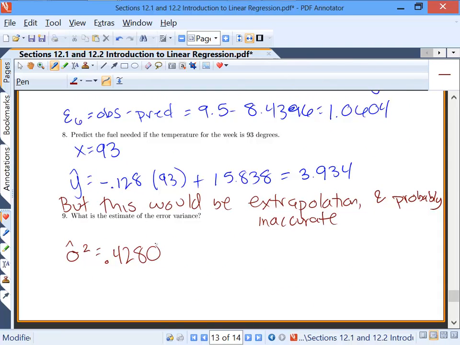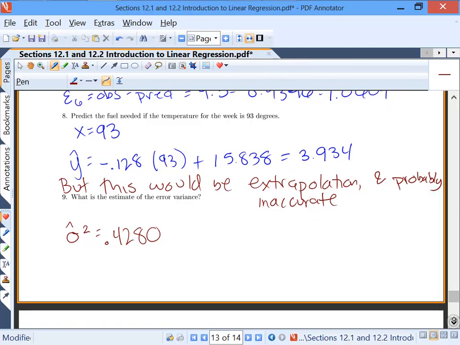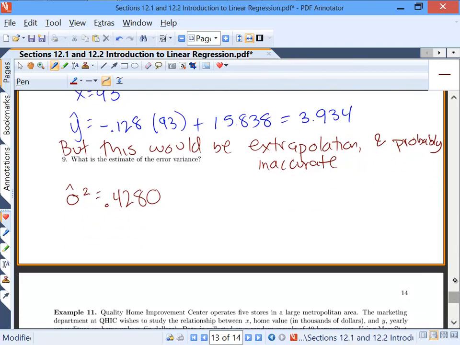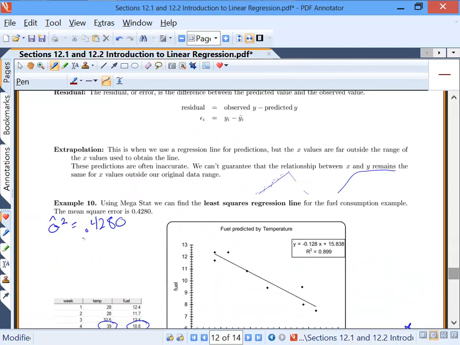So that should be the really easy question on your homework, because all you have to do is read it off. Just reading off the problem, so right here where it says the mean square error. Whenever you see that, just know that that is your estimate of sigma squared.